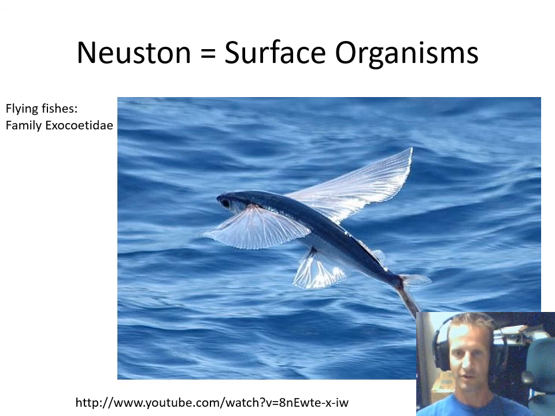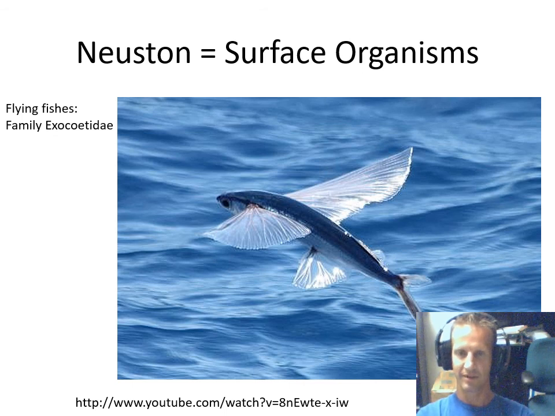Also, their caudal fin has a lower lobe which is longer than the upper lobe, and that allows them to get a little extra flick as just the lower part of their tail is in the water to propel them on their leaps. And of course, they leap through the air to escape predators.